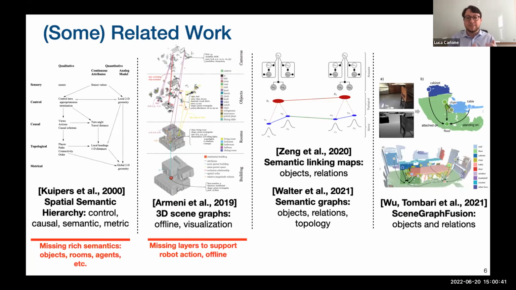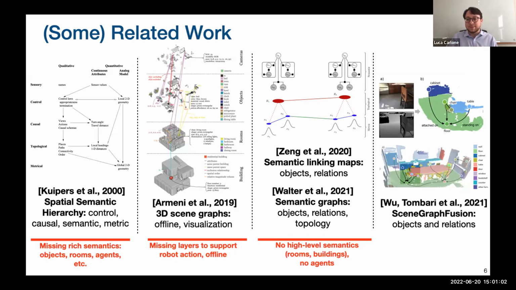Instead, we're shooting for building these representations in real time on a robot. Third, there is a lot of recent work in robotics proposing other representations which combine geometry, semantics, and relations. But again, these miss high-level semantics such as rooms, buildings, and so on.